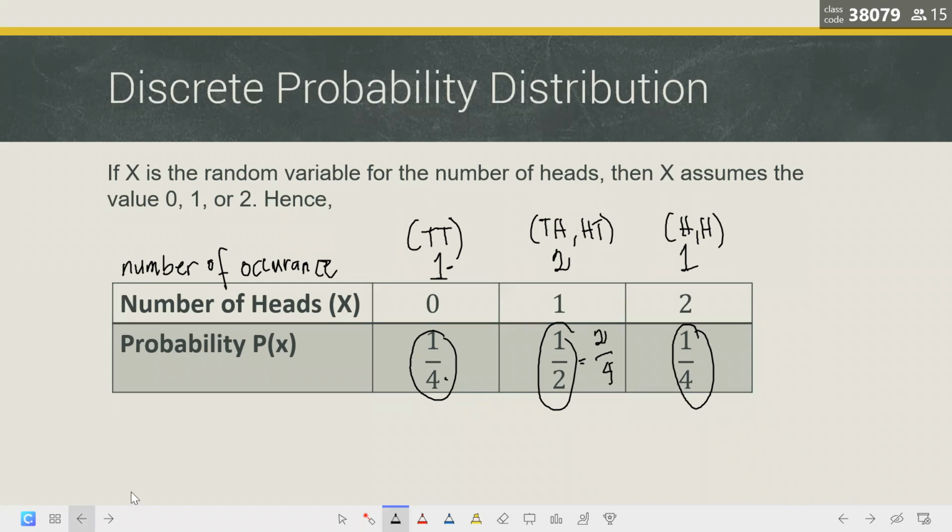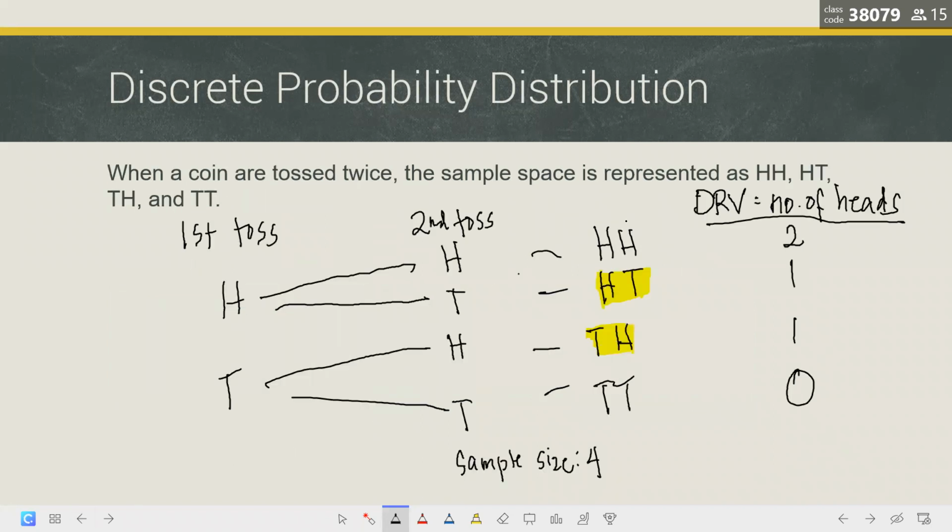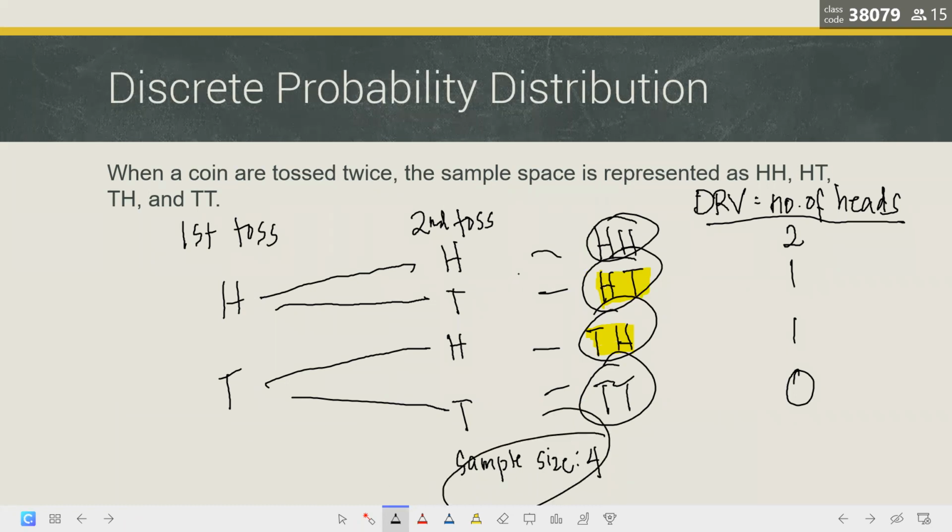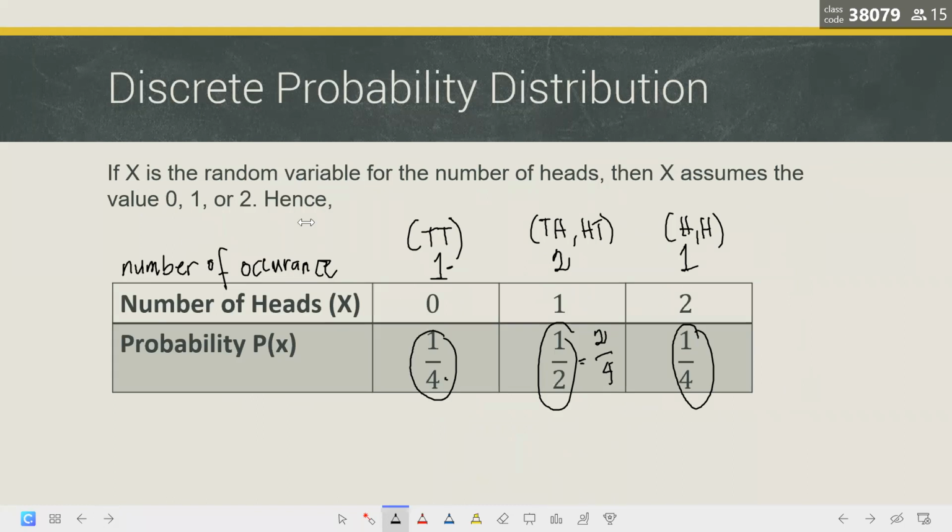Mahina po kasi yung signal dito. Okay. Dito sa total number of outcomes. Yan. 4 kasi yung outcomes natin. Sample size natin ay 4. Okay po sir. Thank you po. Nagbabago yan ha. Ayun kasi 1, 2, 3, 4. Usually yung number of occurrence, yan yung total number dito, 4.